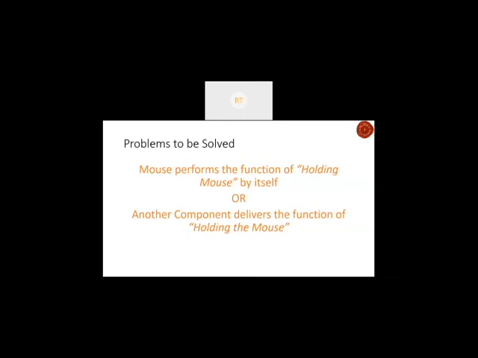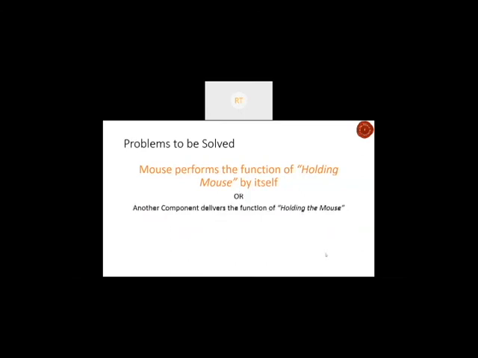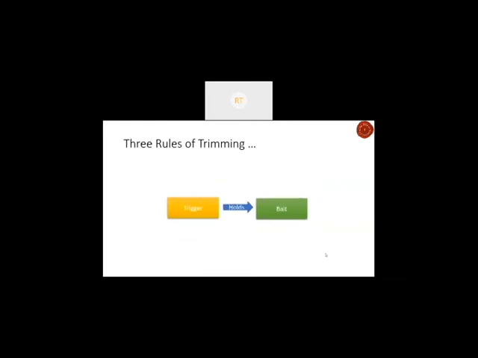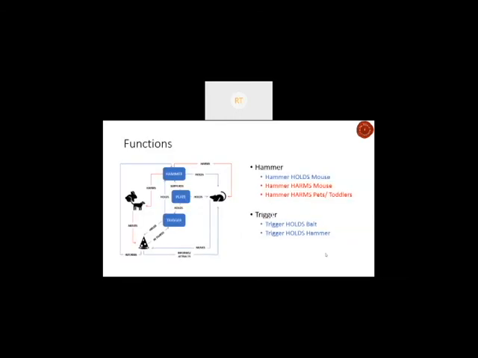If we go through the presentation which I was sharing just now, look at the way I wrote function. Hammer holds mouse. This is the function. Hammer harms mouse. This is the way in which you have to write.